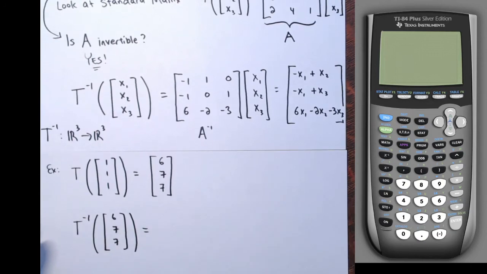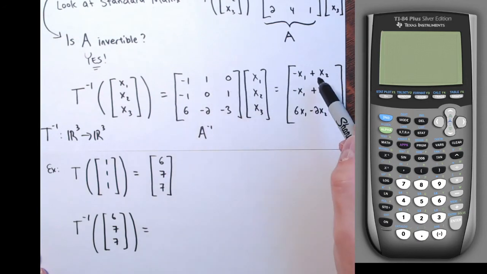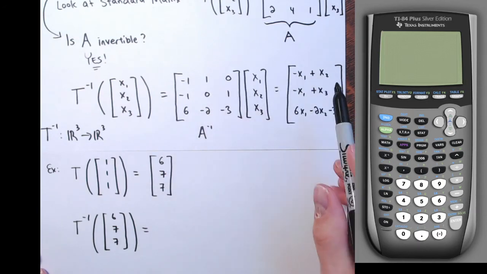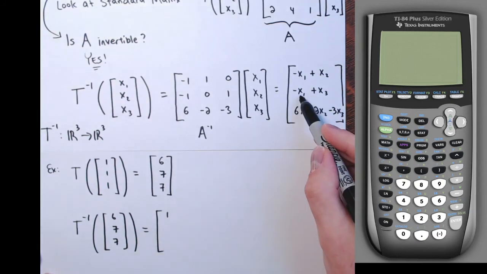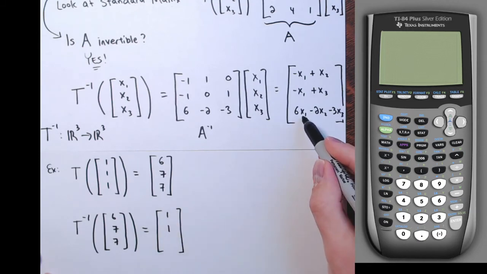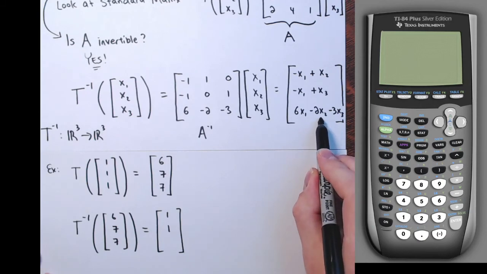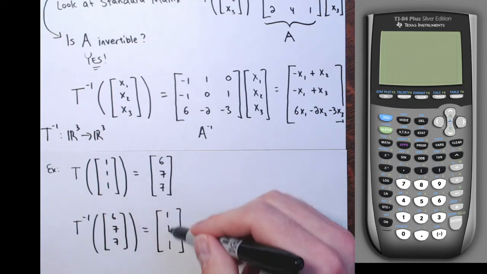Plugging in 6, 7, 7, you could multiply by the matrix, or just go into my rule over here. So I'd have negative 6 plus 7, 1. Negative 6 plus 7 again, 1. And then 36 minus 14, 2 times 7, 36 minus 14 would be 22, and then minus 21 would be 1 again. Hey, looks like that's working out.